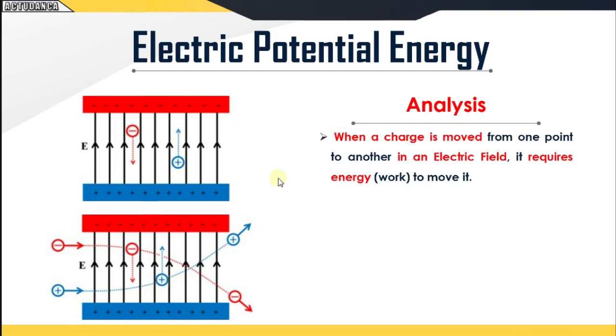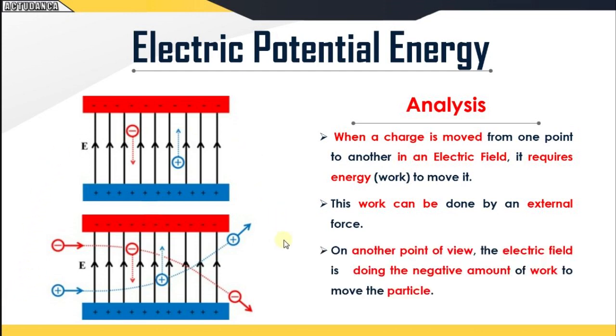So, we have the following analysis na nabanggit natin kanina, that when a charge is moved from one point to another in an electric field, it requires energy. And the work done can also be an external force. Meaning, pwede tayo maglagay dito ng external force para mapagalaw ang ating negative charge o ang ating positive charge sa ating desired direction.